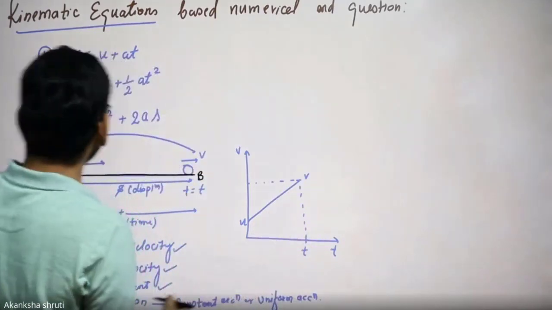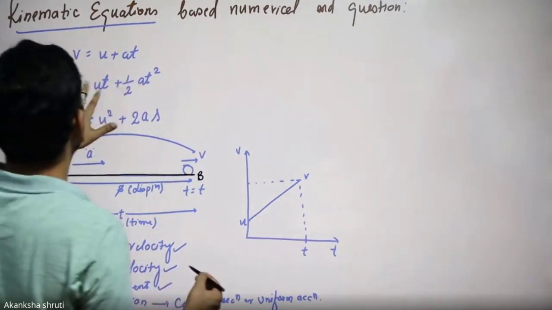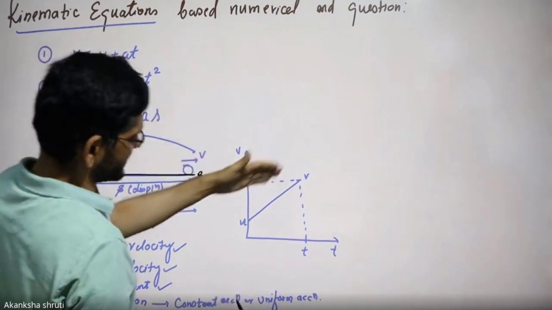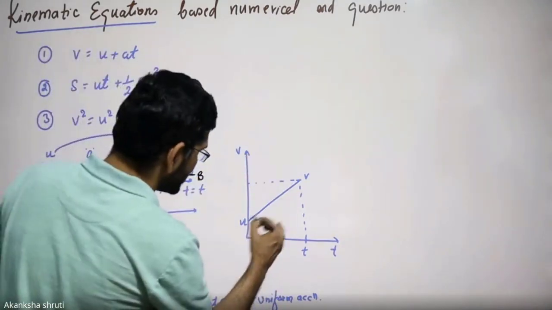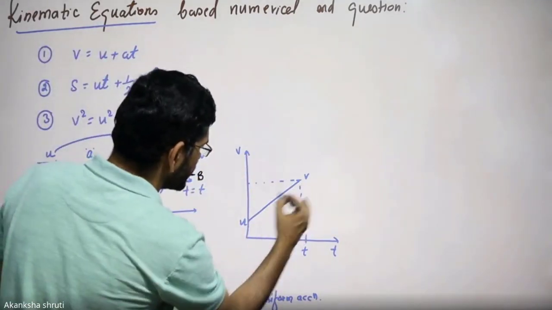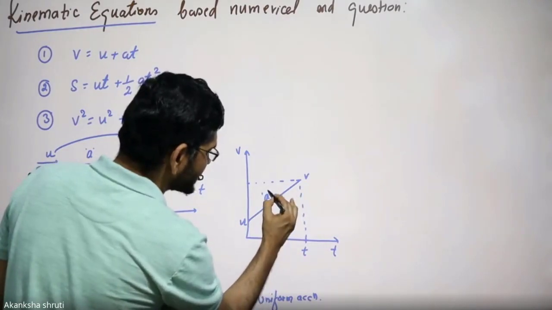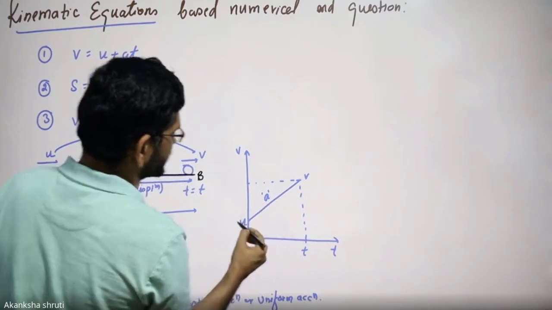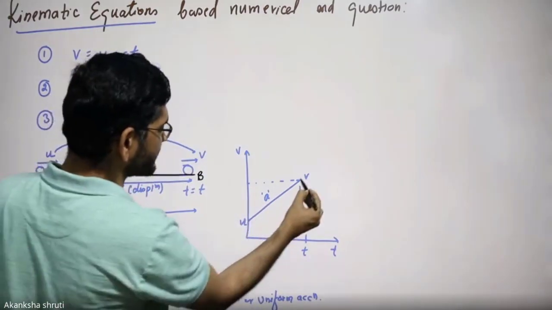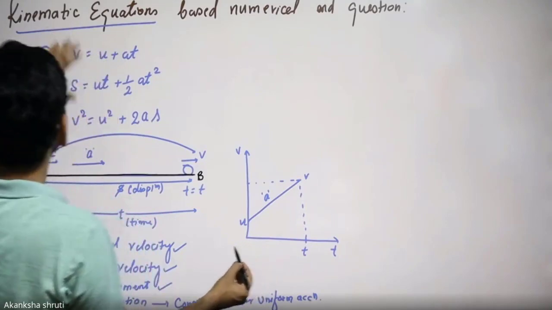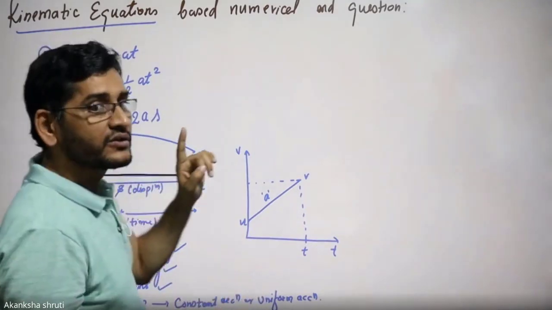From this we calculated s equals ut plus half at square, and v equals u plus at was also derived. This straight line from u to v can happen only for constant accelerated motion. If the motion is not with uniform acceleration, then these derivations are not applicable.